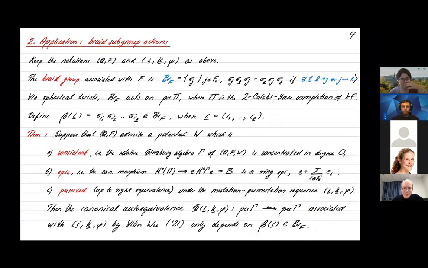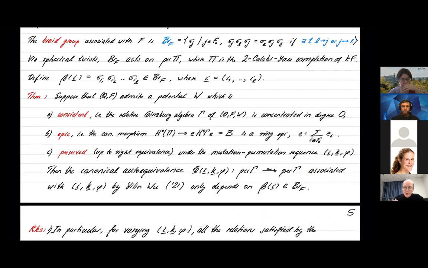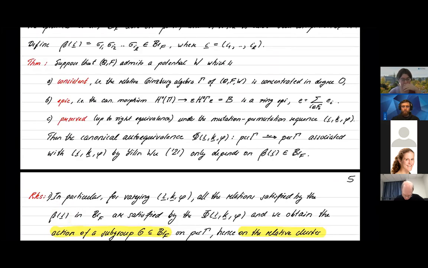And this then implies in particular that, when we vary the outcomes of the games, these elements of the braid groups will satisfy relations inside the braid group, and the same relations will be satisfied by these auto-equivalences.